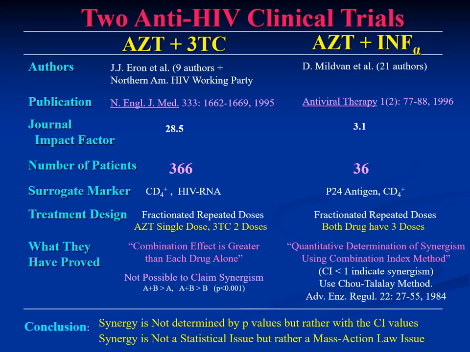This slide now shows a comparison of 2 anti-HIV clinical trials. One trial is for AZT plus VTC using traditional statistical method, which used 366 patients.